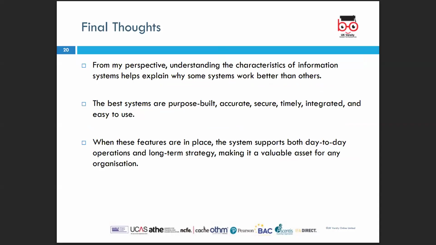Our final thought on this is that understanding the characteristics of information systems helps explain why some systems work better than others. The best systems are purpose-built, accurate, secure, timely, integrated, and easy to use.